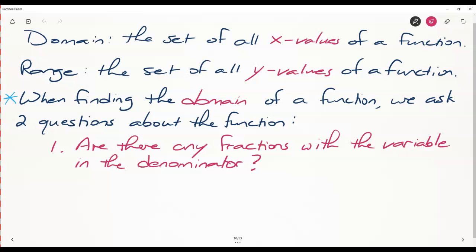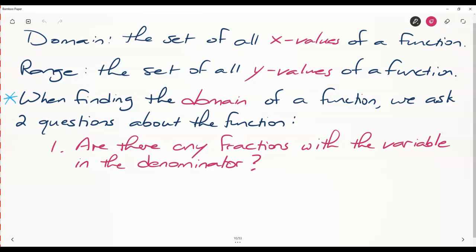And if we're not sure what the denominator is, there's no real way we can be certain that it's not equal to 0. Because 0, you can't divide by it. You'll get an undefined value. So whenever you have fractions with x in the denominator, we have to be aware that x, or whatever the variable is, cannot take on a value that causes that denominator to be 0.